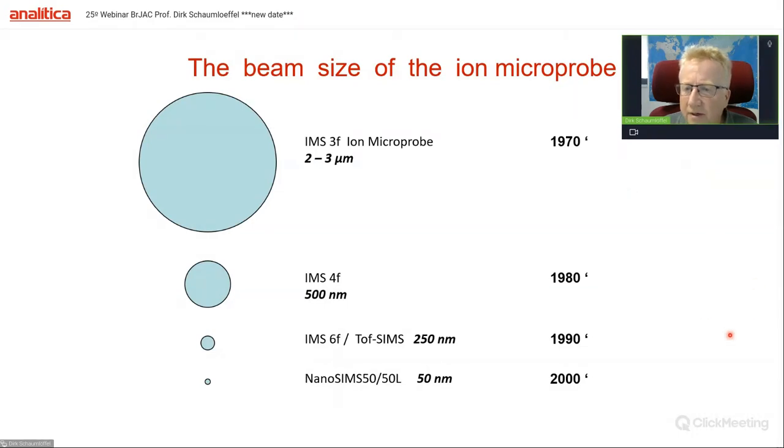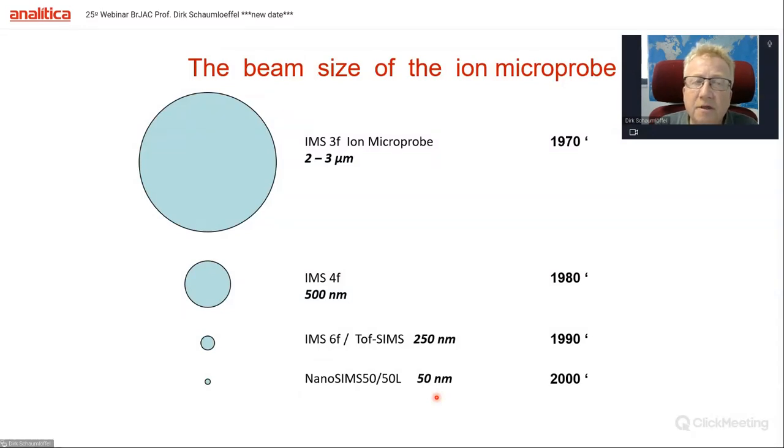And then by the 80s, 90s to the year 2000, the NanoSIMS now has a beam diameter of 50 nanometers, so from 3 micrometers to 50 nanometers in more or less 30 years. And this also gives you an idea of the best available resolution of an image. So with NanoSIMS, we can go down to 50 nanometers resolution in the image.